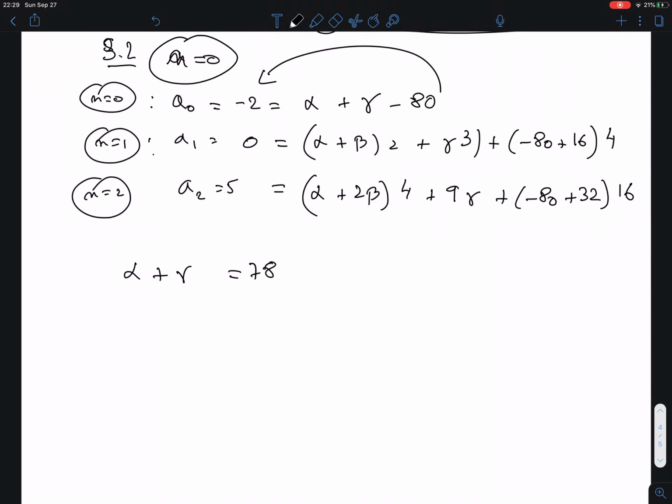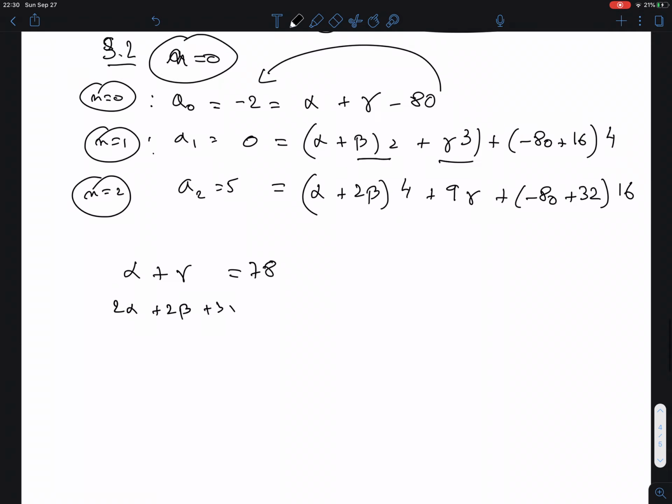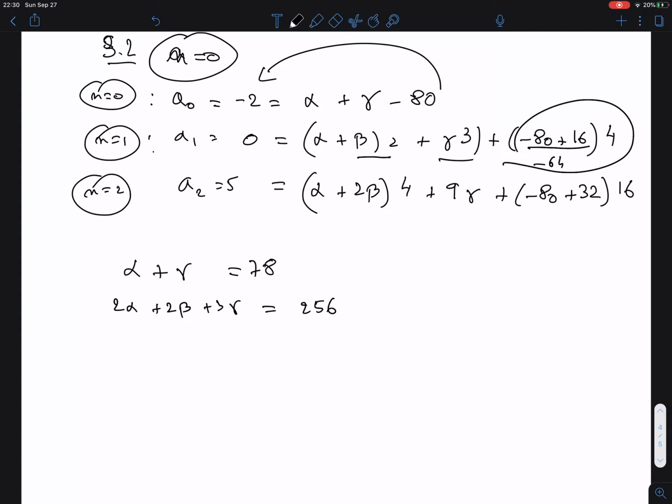The other one is 2 alpha plus 2 beta plus 3 gamma equals, and then this has to go to the other side, that is minus 64 times 4, that is 256.